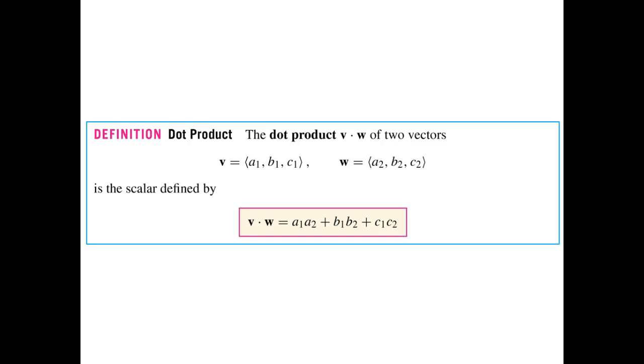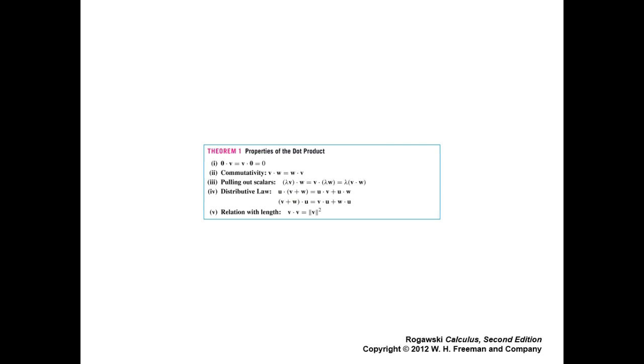Now, in the old days, I remember hearing this called the scalar product. That's not to be confused with multiplying a scalar times a vector. This is a vector times a vector giving you a scalar answer. And it's simply the sum of the products of the corresponding components. Now, here are some properties of the dot product.